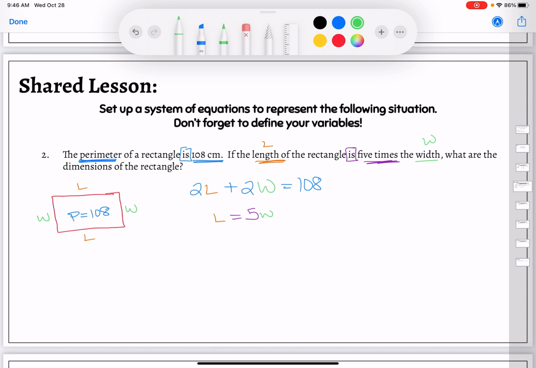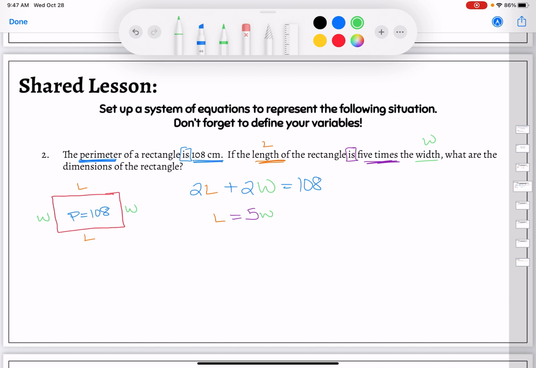And there's my second equation. It's a very small equation, not a lot going on. L equals 5W, but it's still an equation, and I got that from my problem, my second sentence there. So I have my system set up. 2L plus 2W equals 108, and L equals 5W.